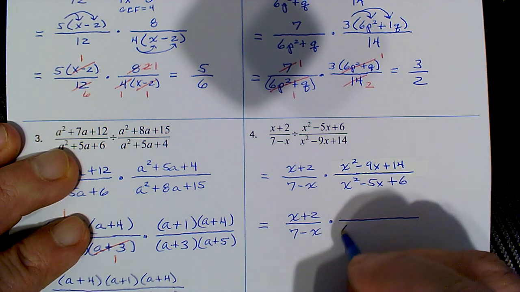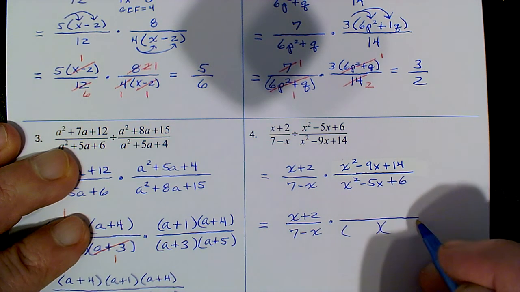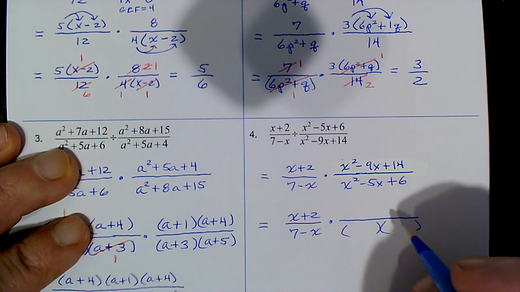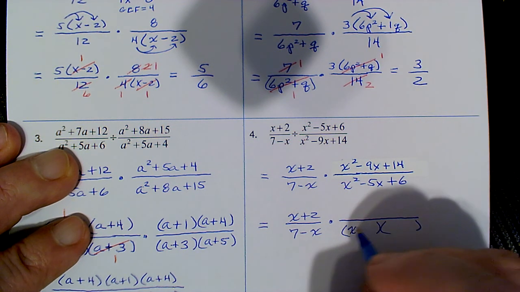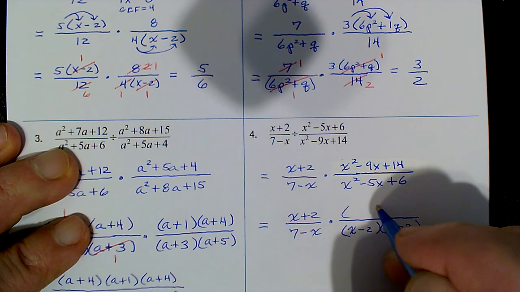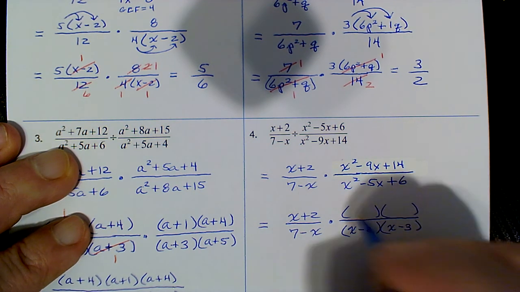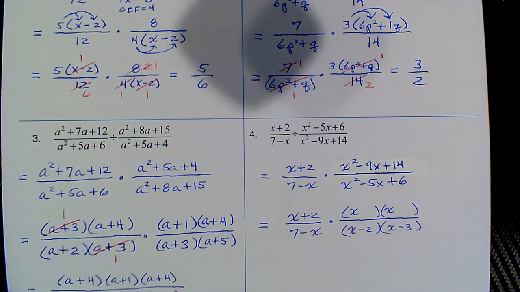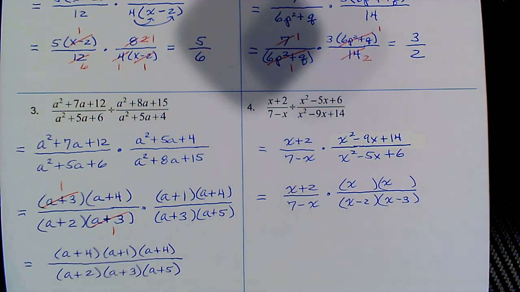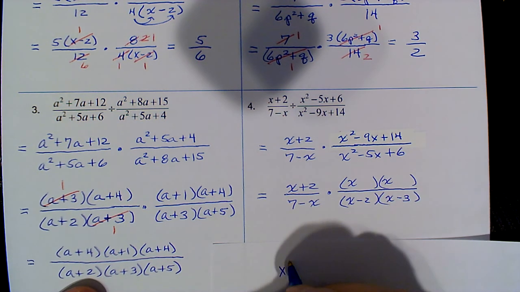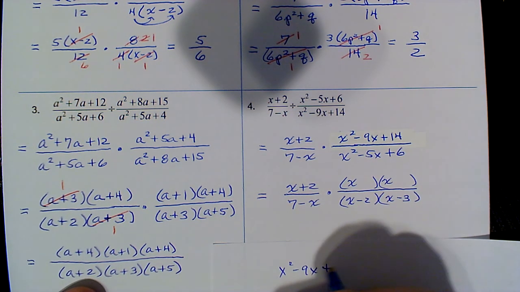We had just factored this denominator, right? So let's put that in there. That was the x minus 2 and the x minus 3. Alright, and how about this numerator? It looks like an x and an x, and if you want to use some scrap paper, factor x squared minus 9x plus 14.